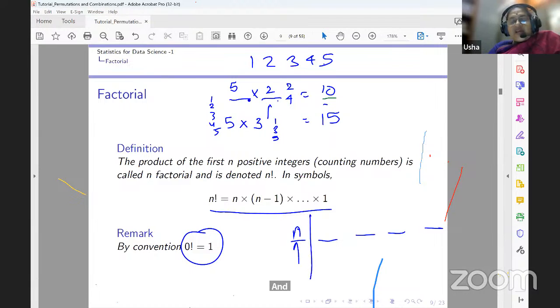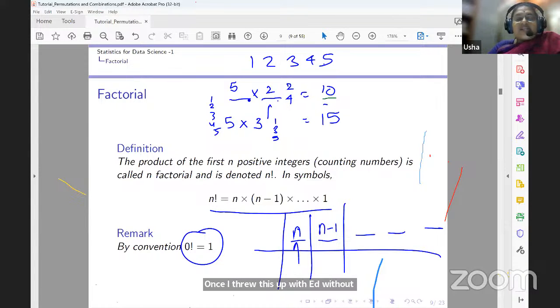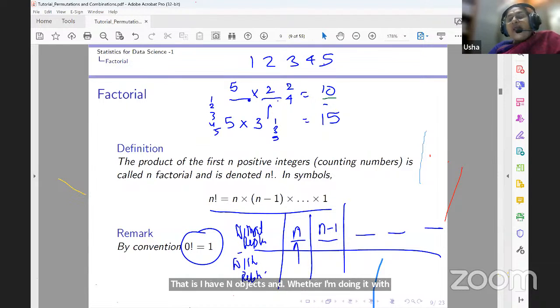n ways. Once I fill this up with n, without replacement, I do it in n minus 1. There are 2 things we need to understand: whether I'm doing it with replacement or without replacement. I have n objects and n blanks. If I'm doing it without replacement, if I fill up the first blank, there are n possible ways.